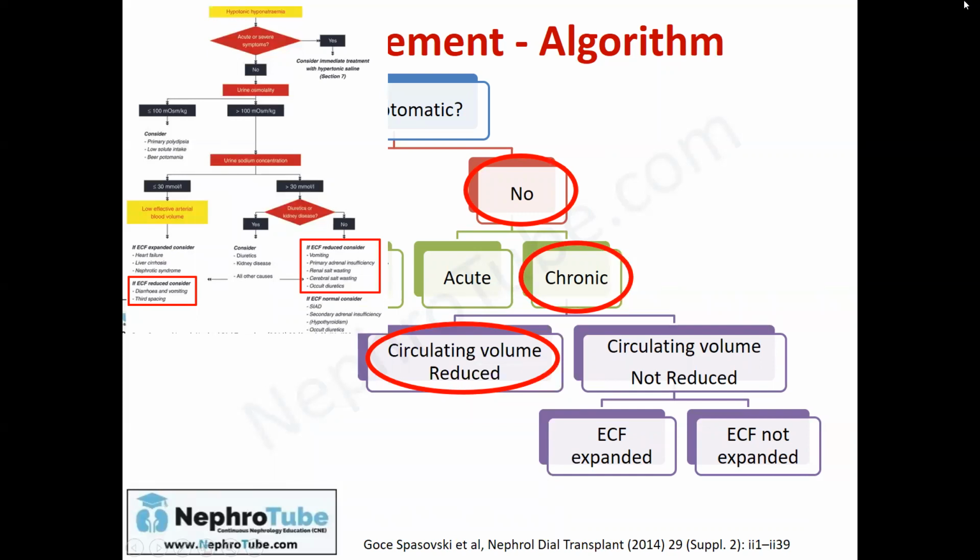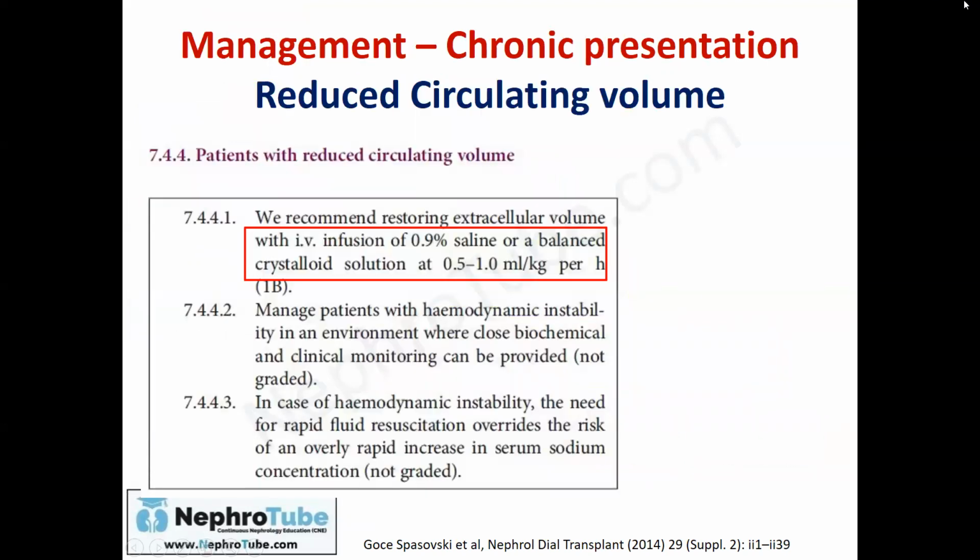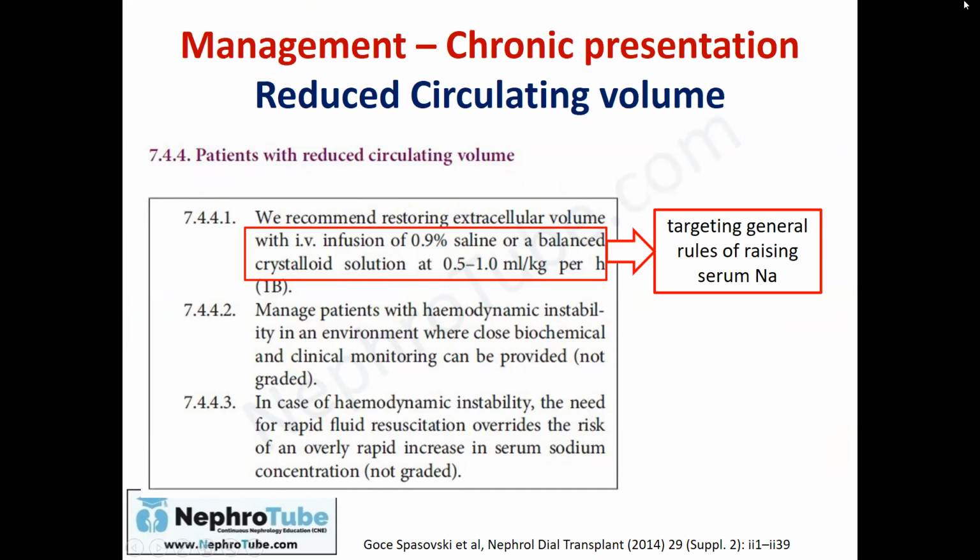If it is reduced, as in our approach regarding diarrhea, vomiting, third space loss, adrenal insufficiency, renal salt wasting, and cerebral salt wasting, we have to infuse the patient with saline or a balanced crystalloid at 0.5 to 1 ml per kilogram per hour, but don't forget to target the general rules of raising sodium regarding the maximum correction rate.